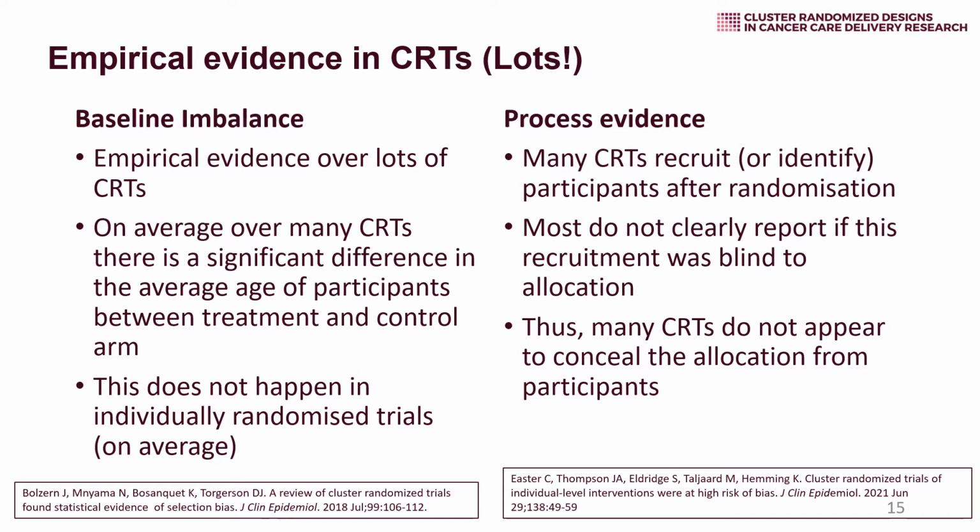Now, the same thing does not arise when the characteristics are compared across treatment arms in individual randomized trials. So there's empirical evidence of baseline imbalance, but there's also lots of process evidence.